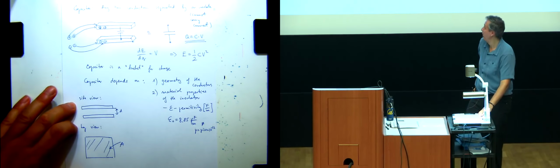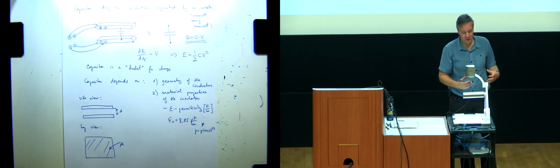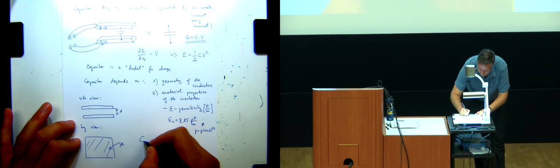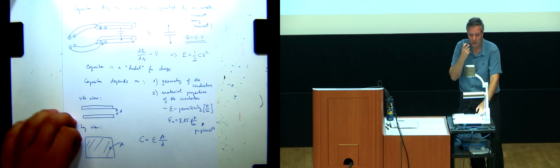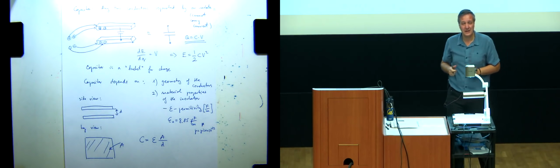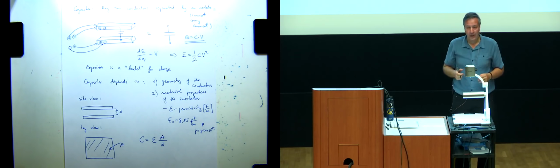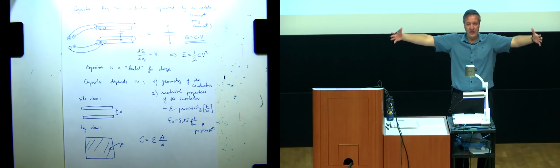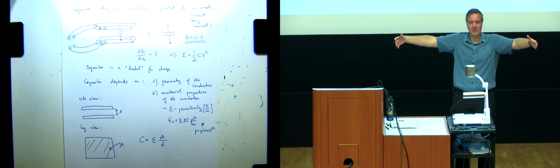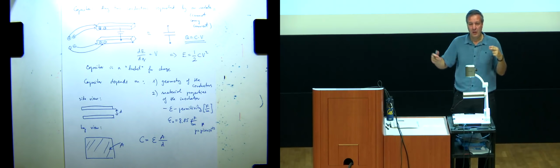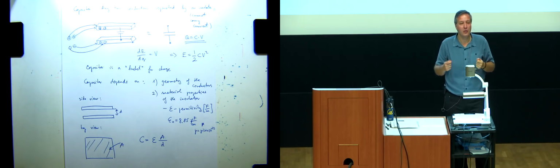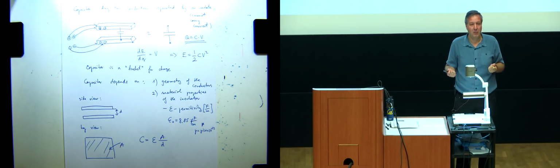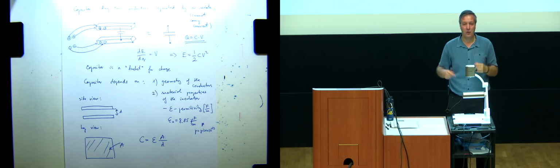And so based on these geometric properties, what we can write is that capacitance is proportional to area and inversely proportional to distance. And this makes sense because if the area is big, my bucket is big, and putting in another increment of charge is not going to cause me that much effort, because there's enough space for all these charges.